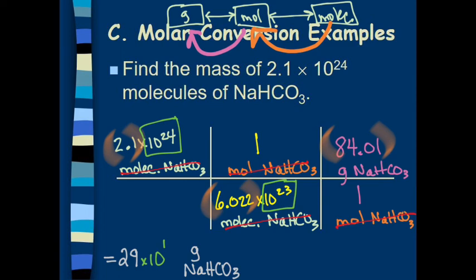Now we have to put that in proper scientific notation. So I'm going to move my decimal to give me 2.9. Since we moved the decimal left and made our number smaller by 1 spot, that must be added back to the exponent. So 2.9 times 10 to the 2 grams of baking soda. And that is our final answer.